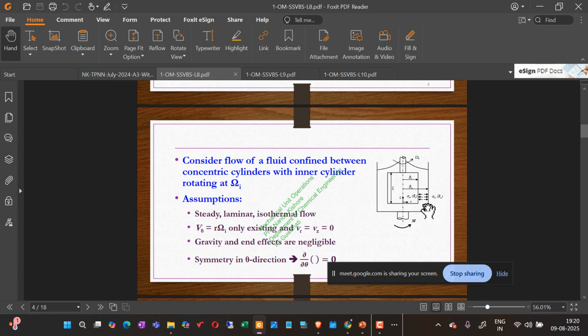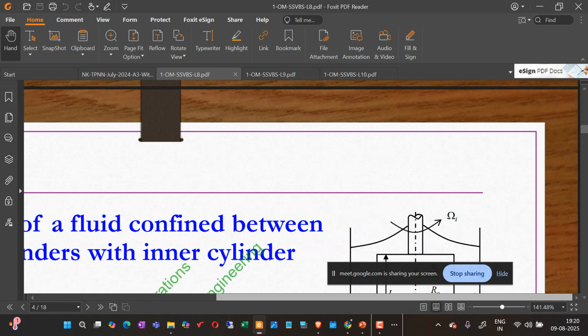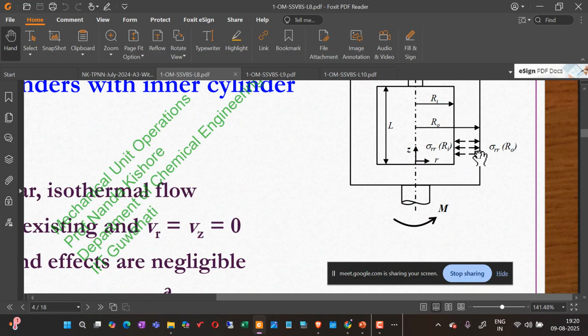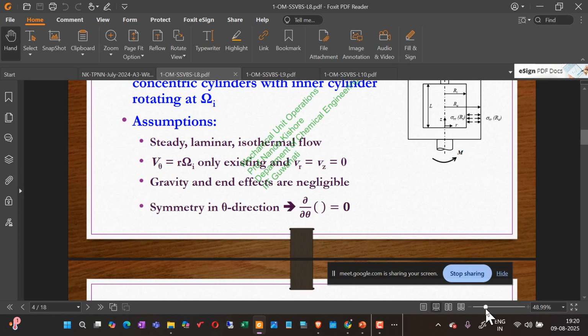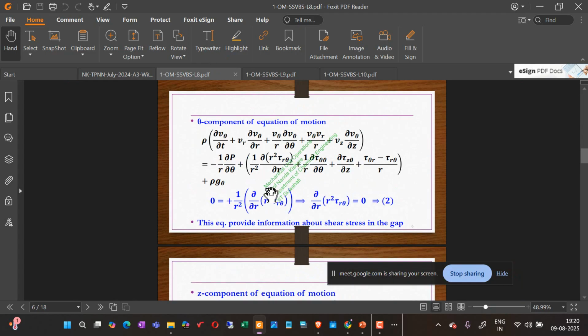So in between this gap, if you see, let me just expand it, in between this gap there is this shear, this del v theta that was there. This shear stress you will be actually calculating, and it is coming from the theta component of the equation of motion that you are solving.